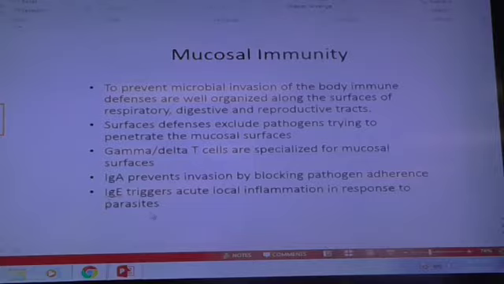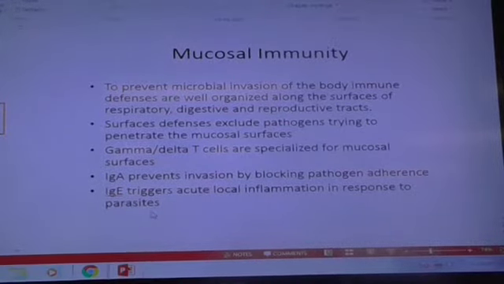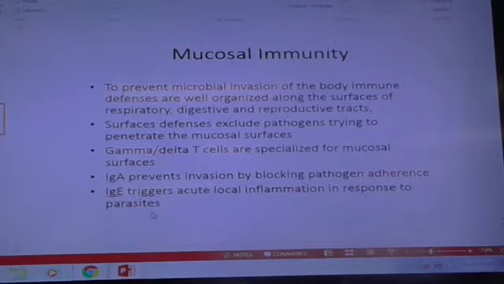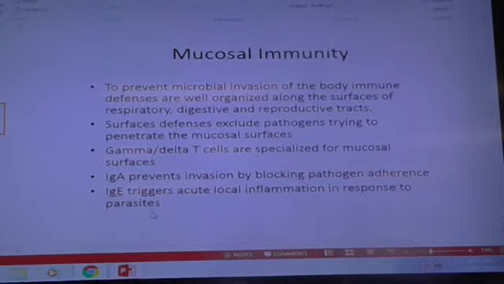Okay, IgE is also involved mainly in anti-parasitic immunity. It's there in the respiratory tract and the gastrointestinal tract. Say, for example, there is a nematode, a roundworm in the intestines. IgE antibody recognizes the parasite, and then it triggers the mast cells to release what? Histamine.